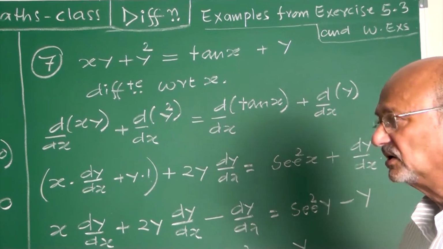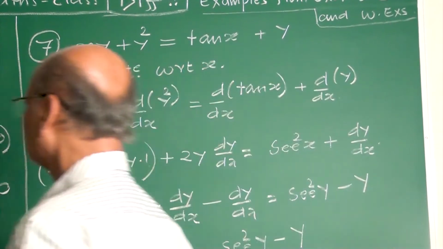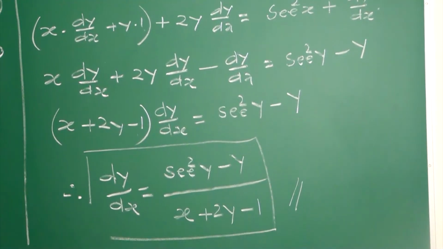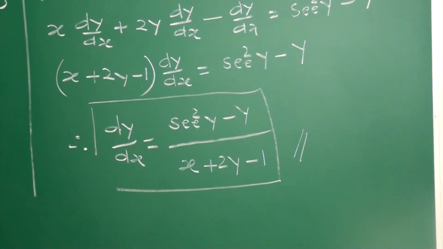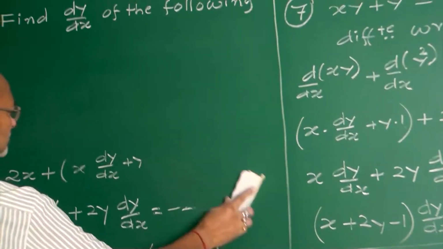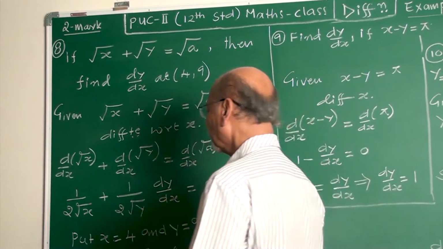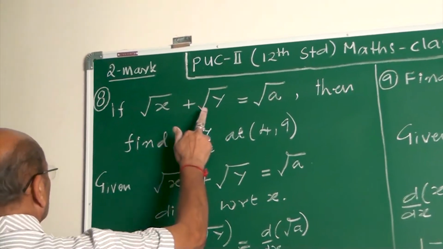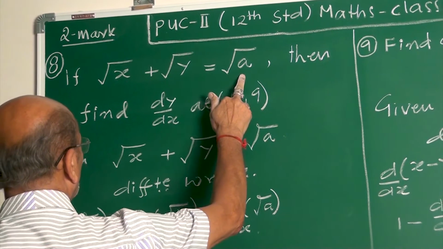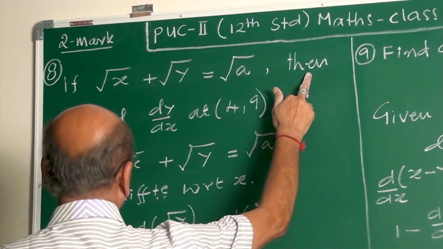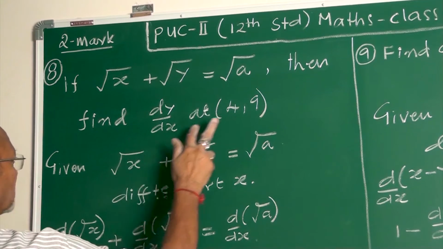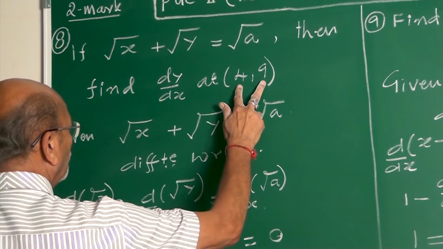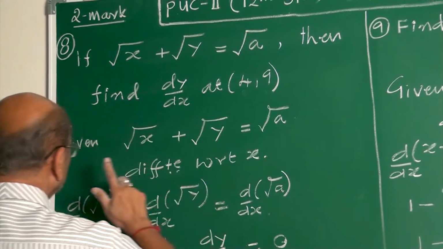Yes, friends. The next example is example number 8. If root x plus root y equal to root a, then find dy by dx at the point (4, 9).